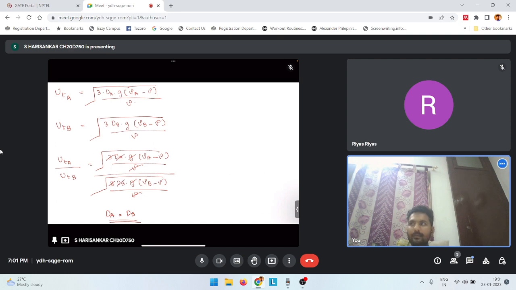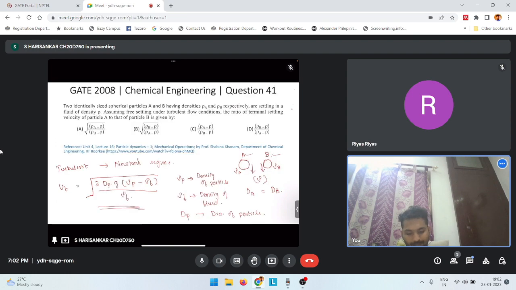And then finally, the ratio of the settling velocities UTA by UTB will be root of (rho A minus rho) by (rho B minus rho). So in the options, this is option A. So the right answer for this question is option A, which is root of (rho A minus rho) by (rho B minus rho).